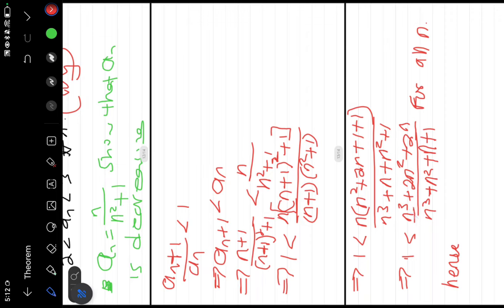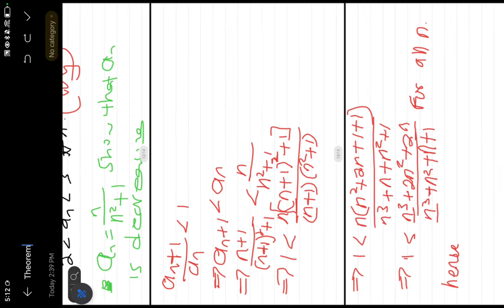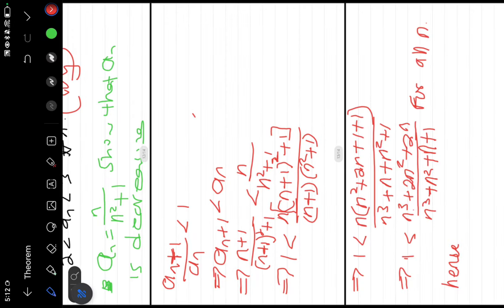Check this: n to the third, they're equal. 2n squared, n squared. You see right now? So the numerator becomes bigger as the numbers enlarge. So it means that hence a of n is decreasing for all n. You see, right? Because the next number would be smaller than the first number. So you see that I've already proven that this is the case.